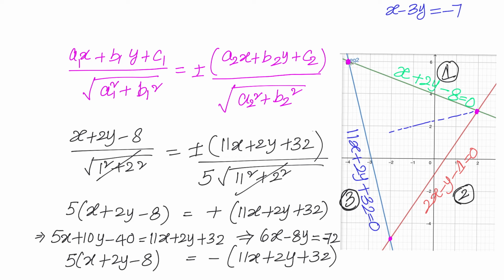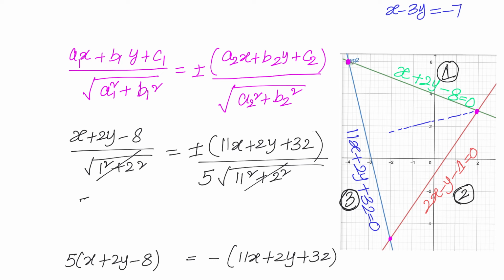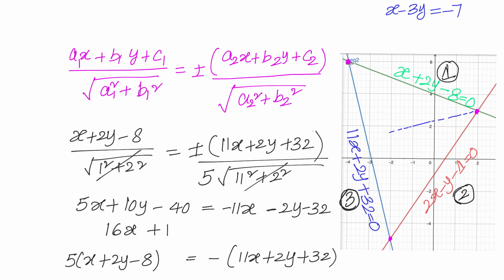So let's go to the next one. Let's open the brackets. We'll have 5x plus 10y minus 40 equals minus 11x minus 2y minus 32, or I can write 16x plus 12y equals 8, or we can simplify by dividing by 4 and say 4x plus 3y equals 2.